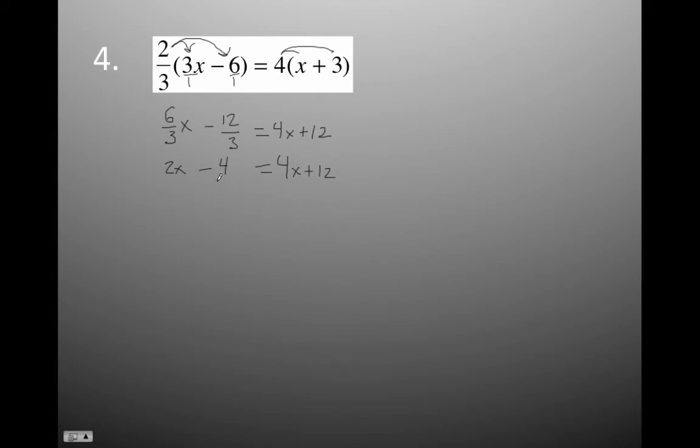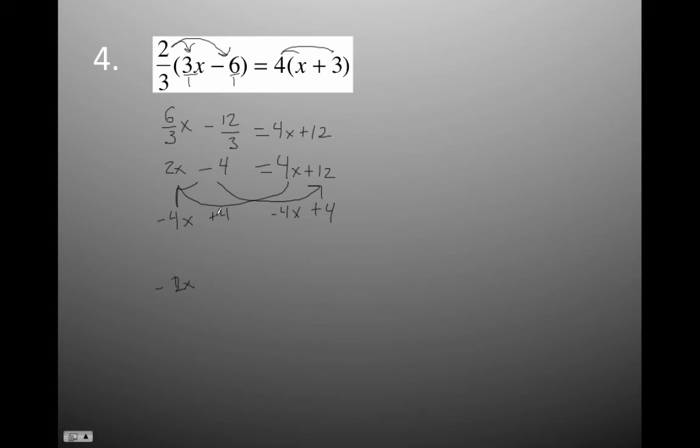So now, step 3, we're going to move the variables to one side and the constants to the other. We're going to move the negative 4 to this side and the 4x to that side. To move the negative 4, you add 4 to each side. And to move the 4x, because it's positive, you subtract 4x from each side. 2x minus 4x is negative 2x.